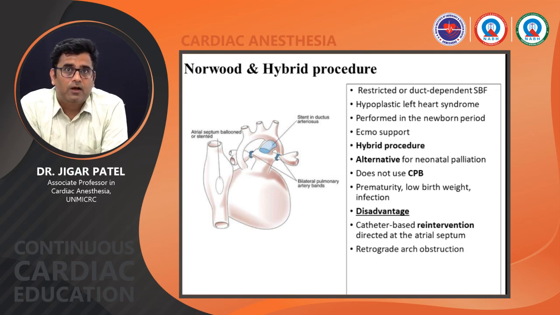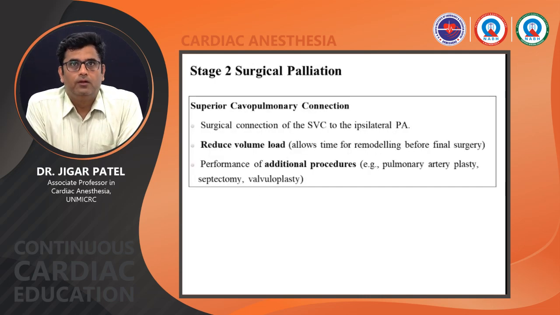So we will achieve unobstructed systemic blood flow and control pulmonary blood flow. But the disadvantage of this hybrid procedure is that catheter-based reintervention is required to enlarge the atrial septectomy, and there is also a high chance of retrograde arch obstruction.